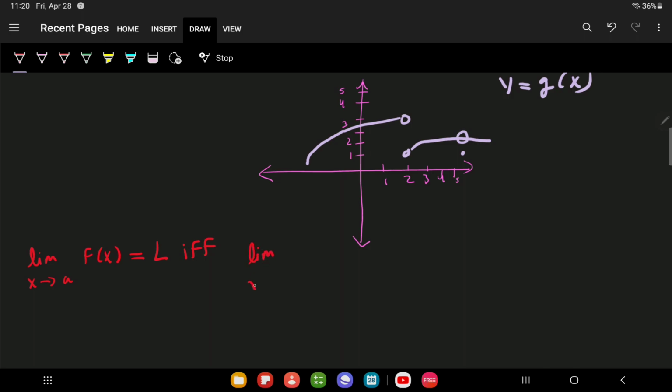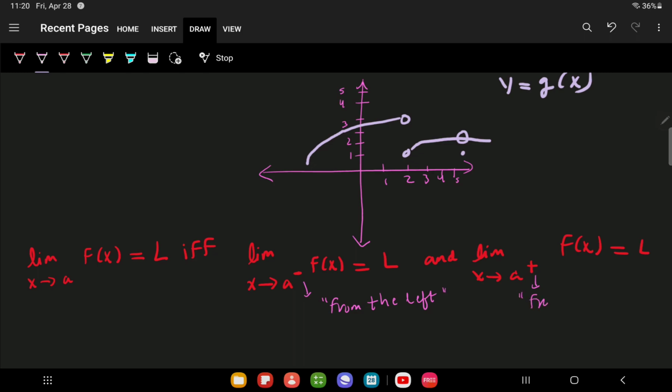So the limit as x approaches a from the left, that's the left-hand limit, and the limit as x approaches a from the right of f of x is also equal to L. So let me define this: the limit as we approach from the left, and the limit as we approach from the right.